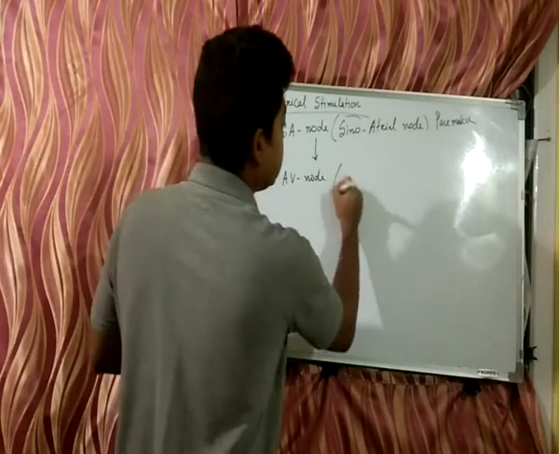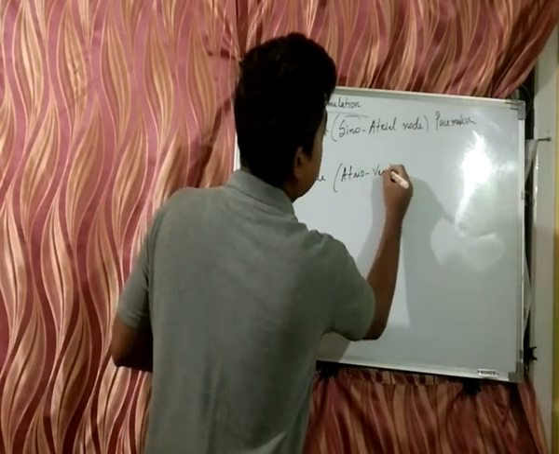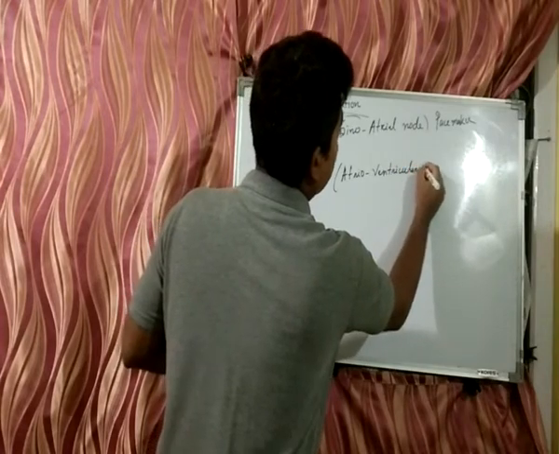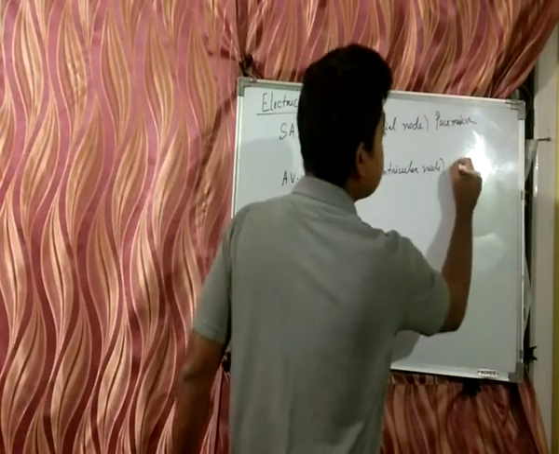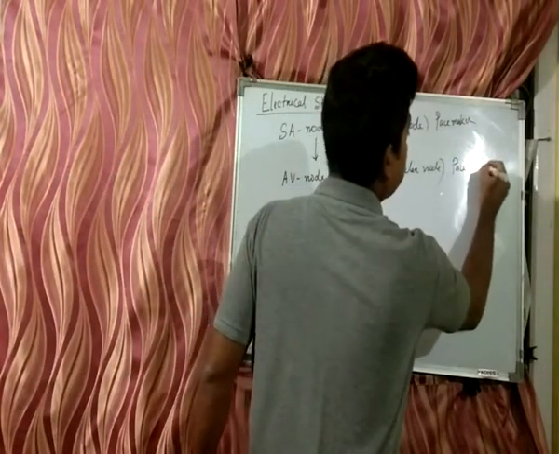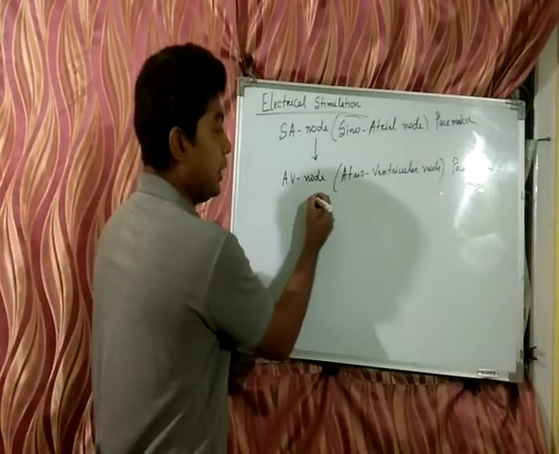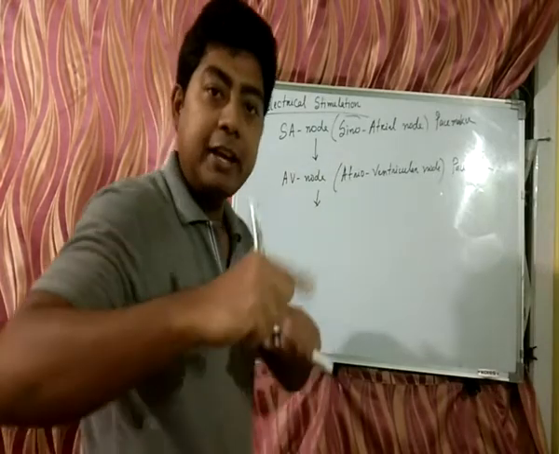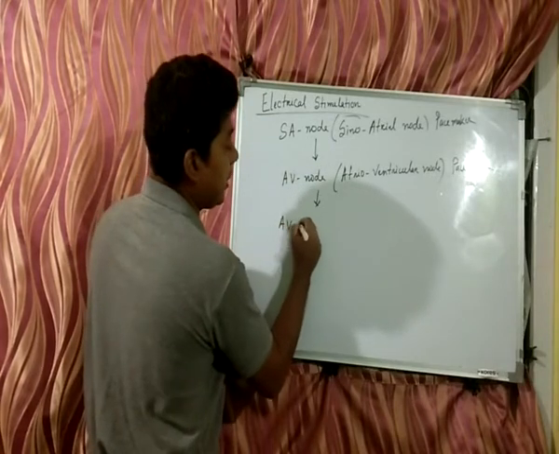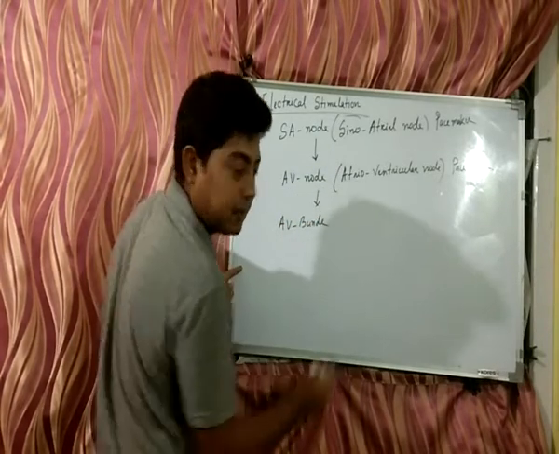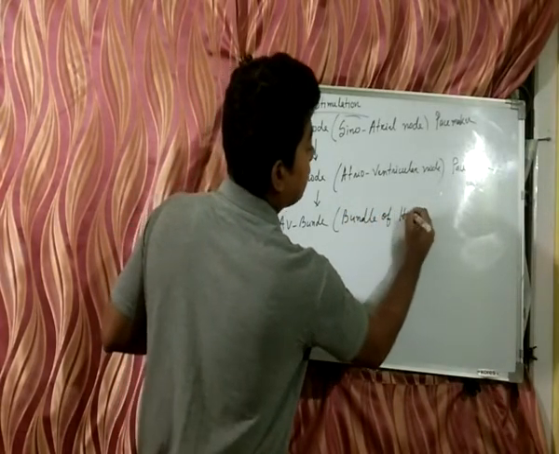AV node means the atrioventricular node. This AV node is called the pacesetter. Now from this AV node, the impulse is moved to the AV bundle, also called the bundle of His.